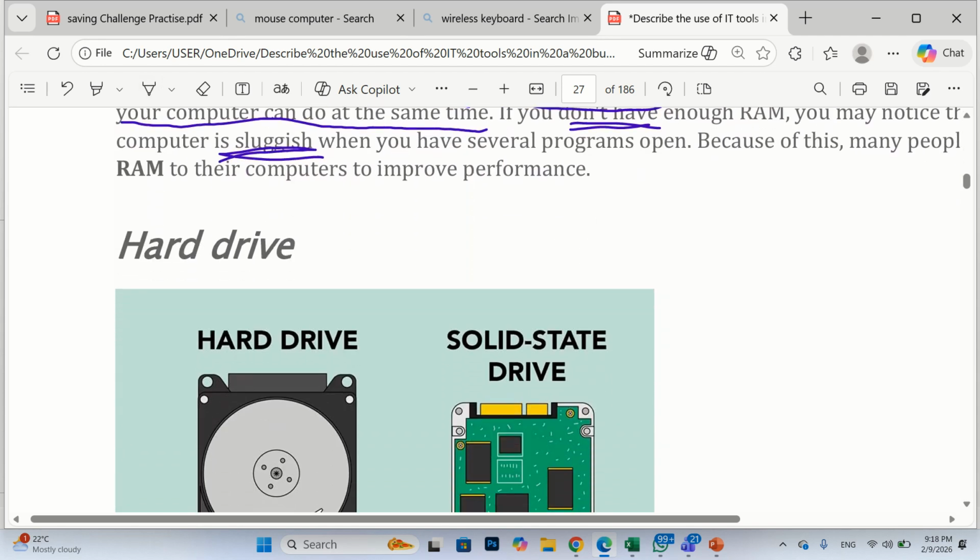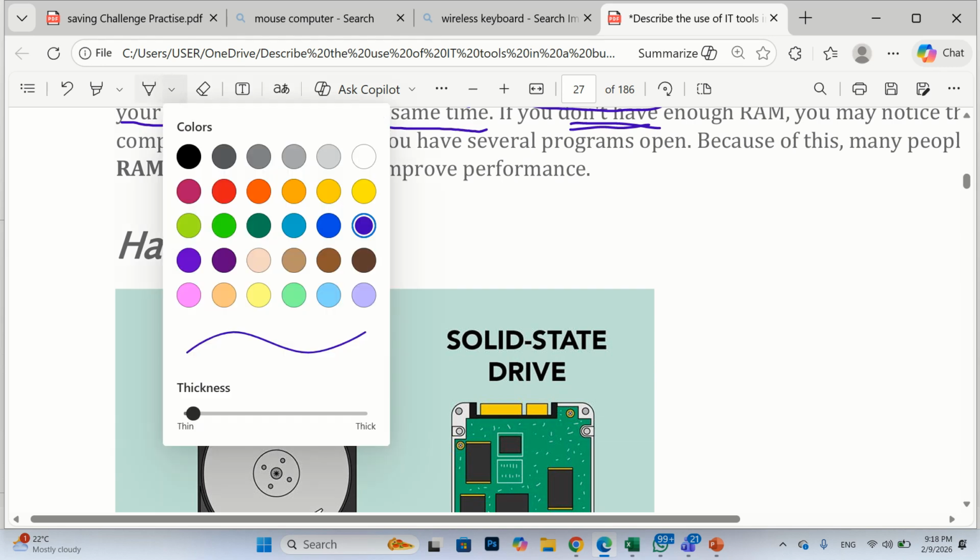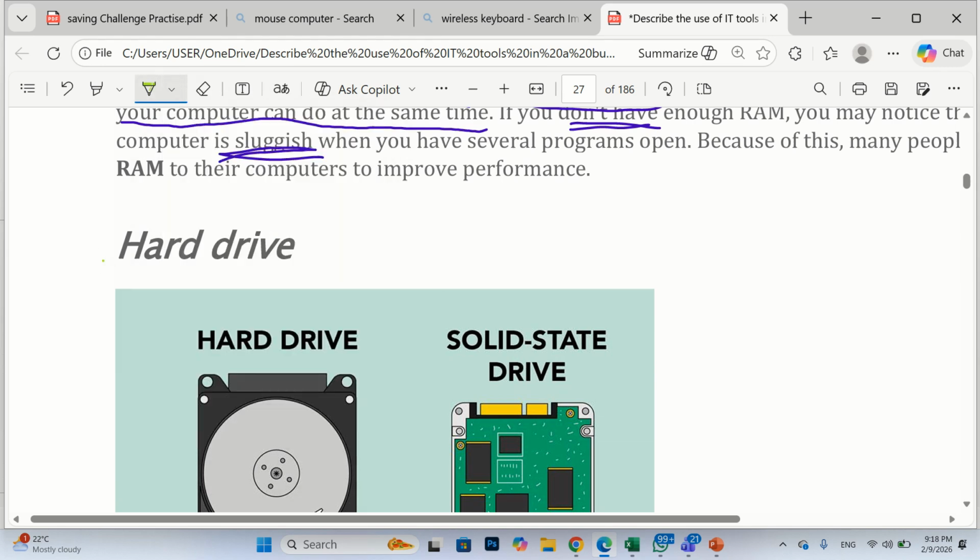Another internal hardware part we find in the computer when it is opened up is called a hard drive. It's a hard drive, or call it the storage of the computer. Older desktop systems have what they call a hard drive or hard disk. Newer systems, laptops and newer PCs, have what they call a solid state drive, SSD. It is also measured in GB.